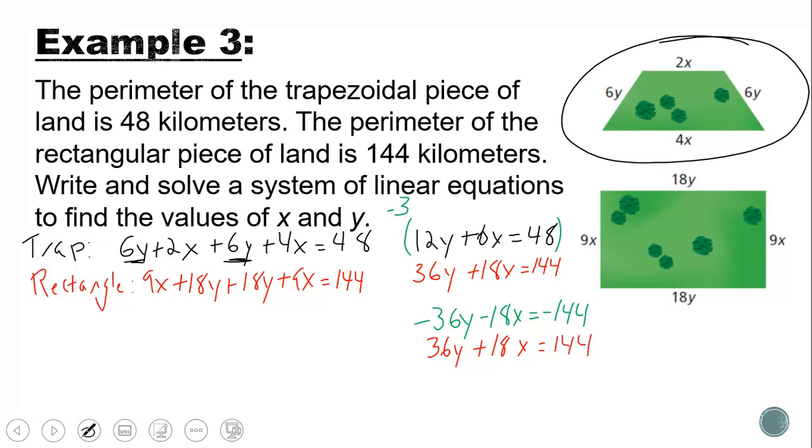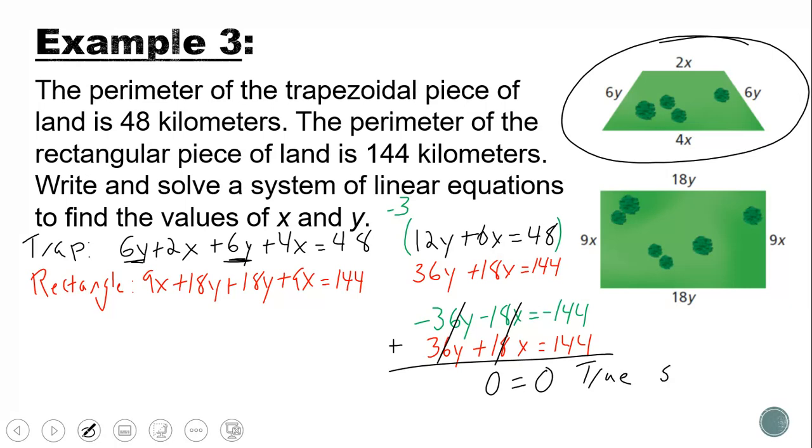Now, I can add my two equations together. And look what happens here. We cancel with our y's, negative 36 plus 36. We cancel with our x's, negative 18 plus 18, so I'm left with 0 is equal to negative 144 plus 144, which is 0 as well. So it cancels with my constant terms as well.